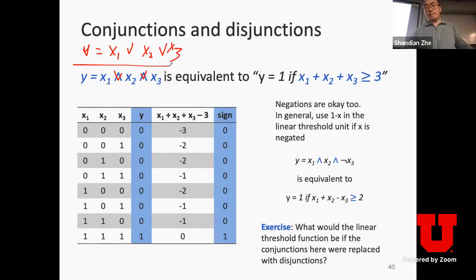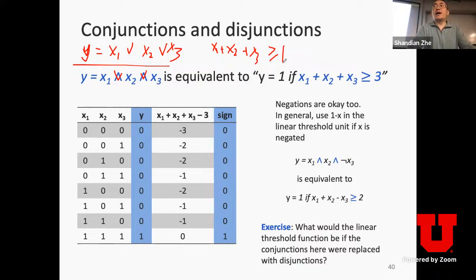And from that, we can say, okay, if we want to make our function value to be one, that basically means the summation of all three variables is no less than one, right? No less than one just means at least one variable must be one. If it doesn't meet this, that means x1 plus x2 plus x3 is zero, and of course the disjunction will give you zero.